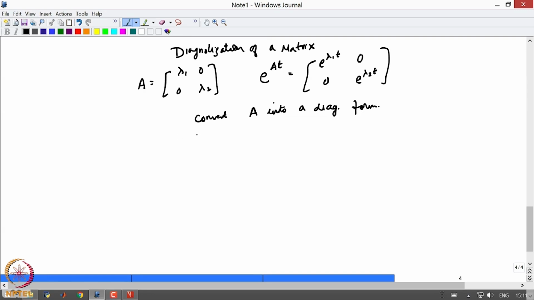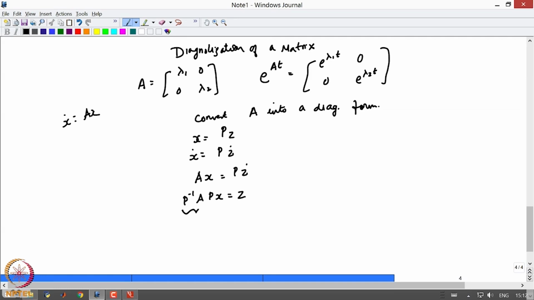Now, let us say I can convert, say x equal to P times z. So, x dot is A x, P z dot is A x. Sorry, A times x is P z dot, I just do P inverse A P times x is z.